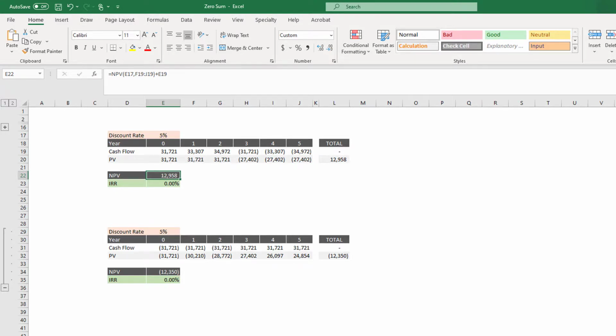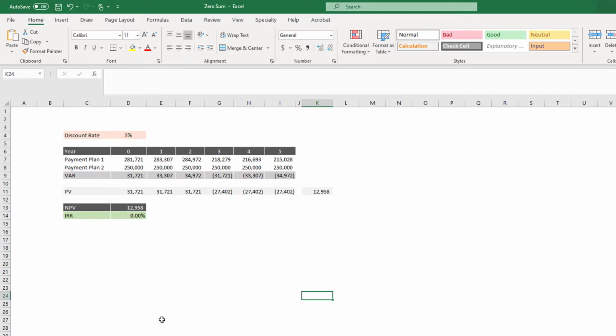Now the question arises, will I ever encounter such cash flows in my career, in my lifetime? And the answer is yes, definitely you will encounter such cash flows. I came to this conclusion about zero-sum cash flow because I had a construction contract where two contractors had slightly different payment terms.